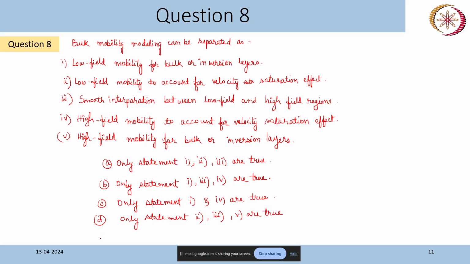So last option is only statement 1 and 3 are true.